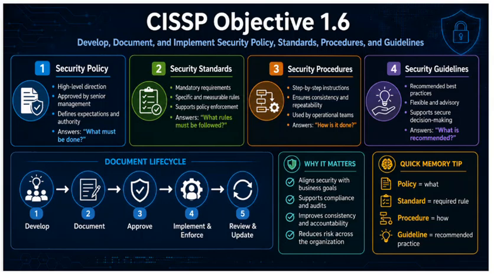The guideline provides recommended practices to support secure behavior. A simple way to remember this is: policy says what, a standard says the required rule, procedure says how, and guideline says what is recommended.